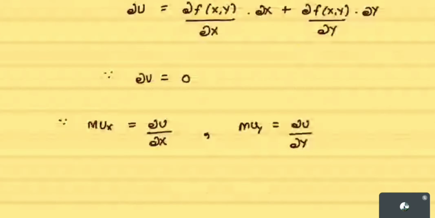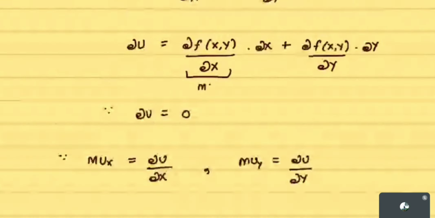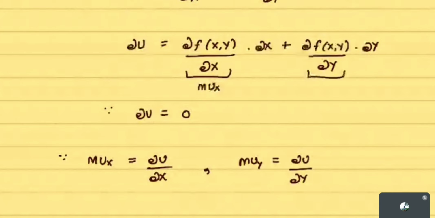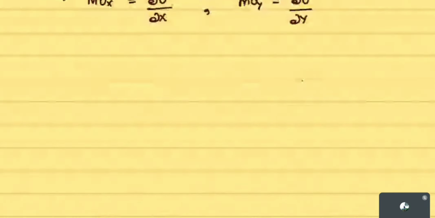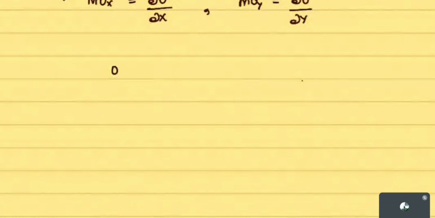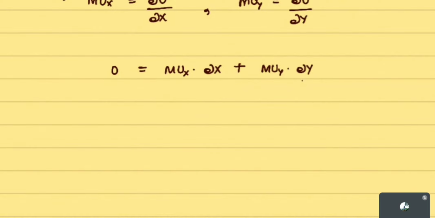So we can write it like this. As du is 0, there is no change in utility. We get the expression MUX into del x plus MUY into del y equals 0.